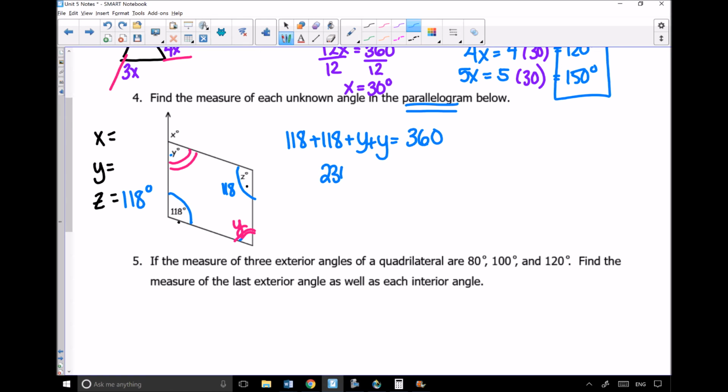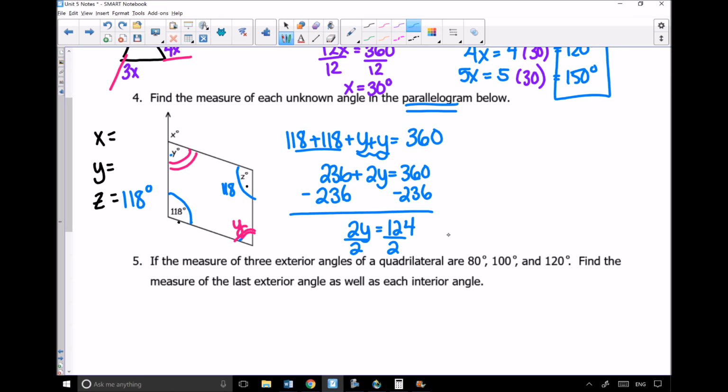So I can say 236 plus, this combines together to give me 2y equals 360. Subtract 236 from both sides, and I end up getting 2y equals 124. Divide both sides by 2, and now I know that y is going to give me 62 degrees. So y is no longer a mystery. I know it's 62 degrees. So I'm going to label y in here as 62 degrees.